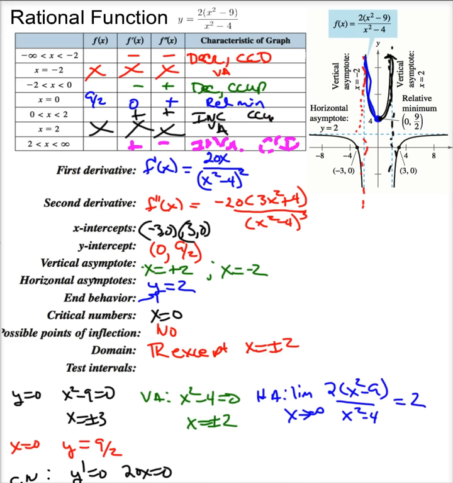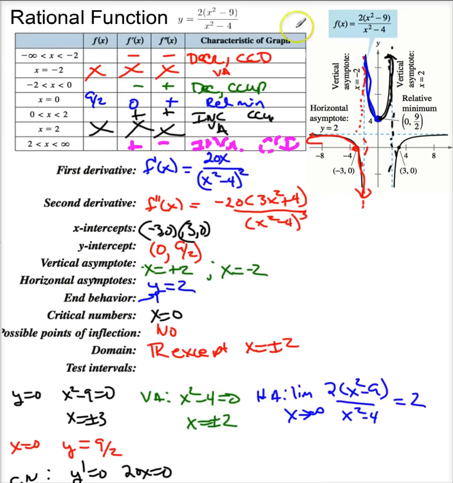All right, so as soon as you have all of this information, let's go back. Between negative infinity and negative 2, I do have a point in that region, and that's negative 3, 0. So as soon as I sketch that point in, and I see that it's decreasing and concave down with a horizontal asymptote at y equals 2, I can do this sketch right here. I've already done the middle part.